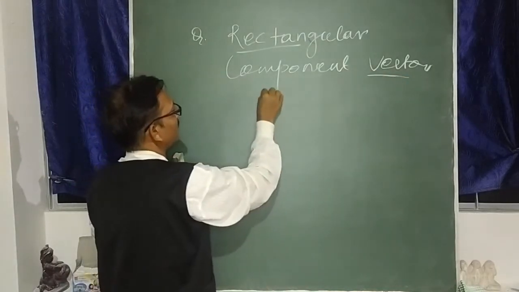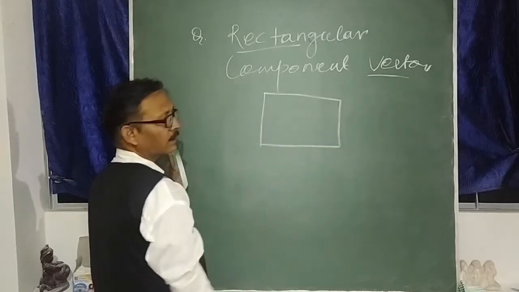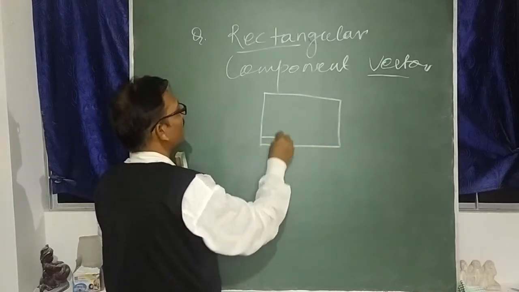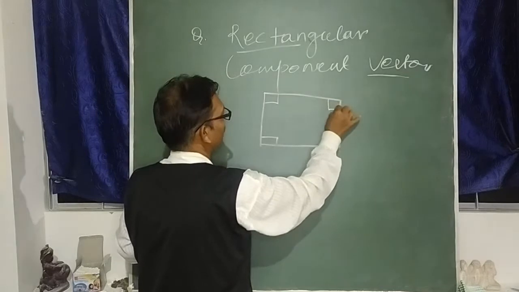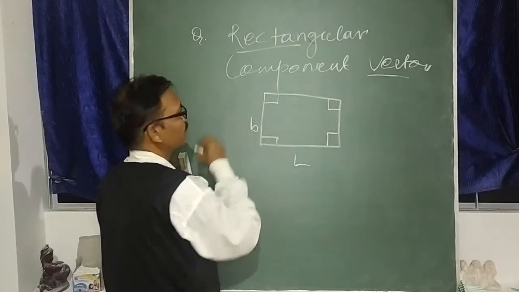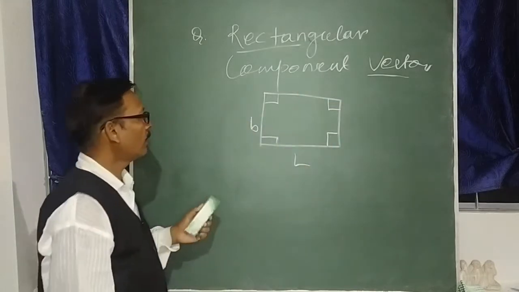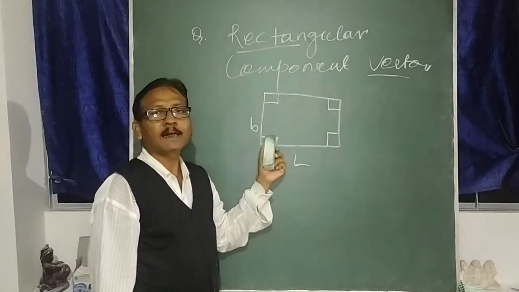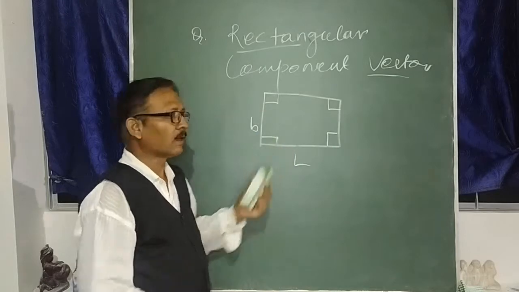Rectangular component you see, this is called a rectangle. Each angle is 90, this is 90, this is 90, this is 90. Opposite sides are equal and each angle is equal to 90, that is called a rectangle.